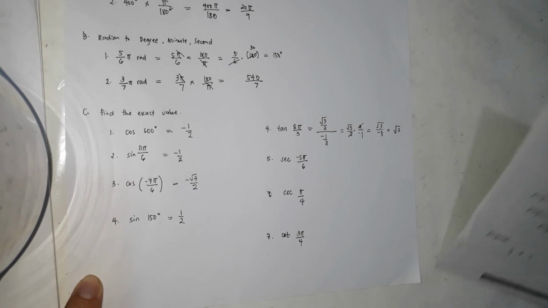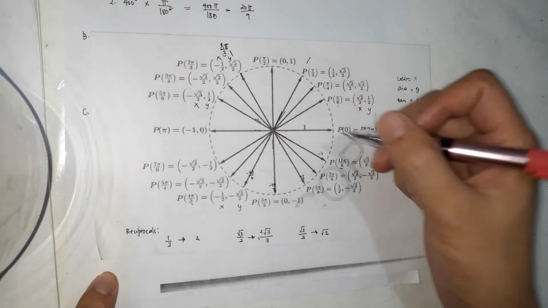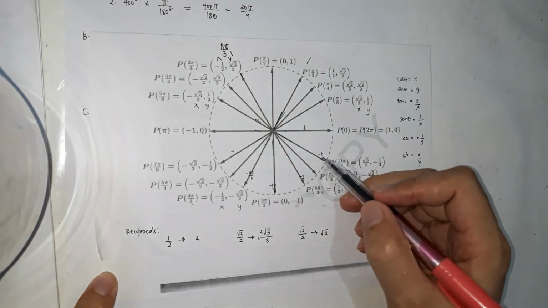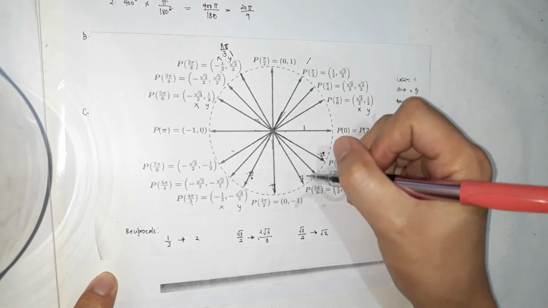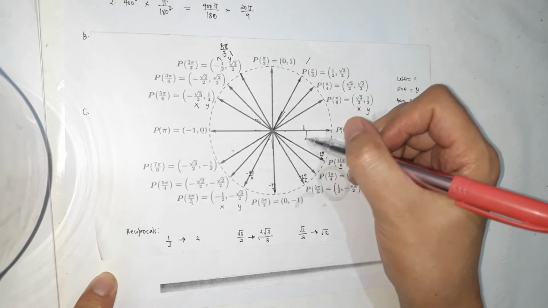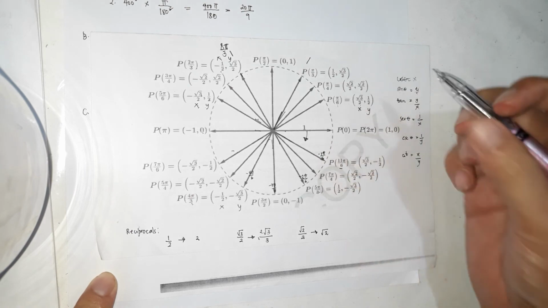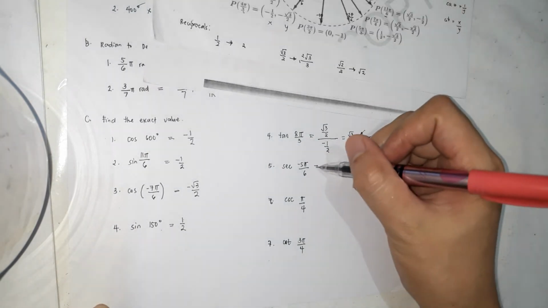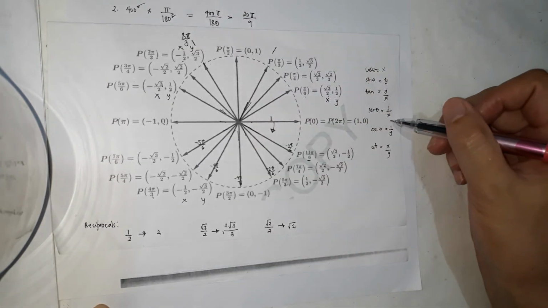Next, secant of negative 5 pi over 6. So 5 over 6 na naman. So we know that this is negative 1 pi over 6, negative 2 pi over 6, negative 3 pi over 6. So dahil negative siya ang pagbilang ganoon. So negative 5 pi over 6. So secant is 1 over x.